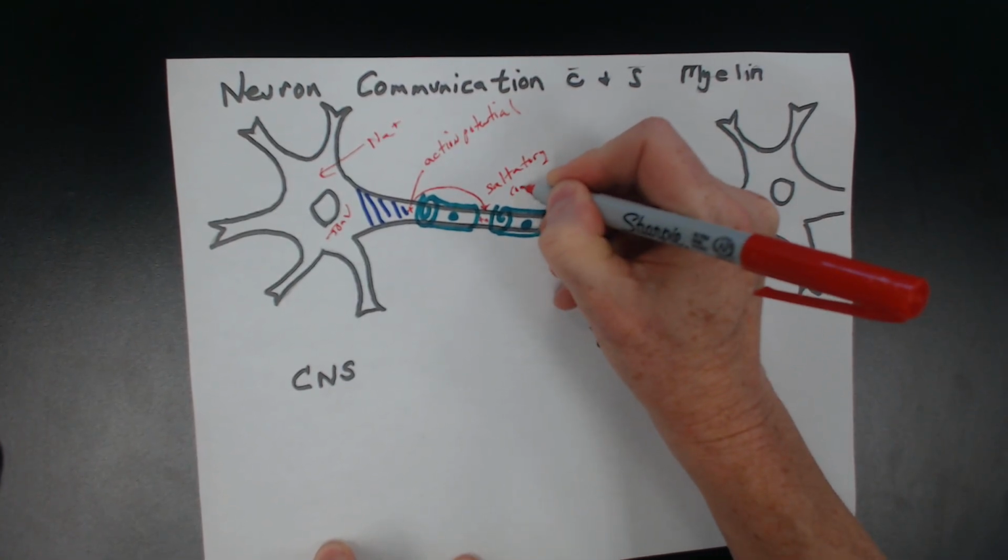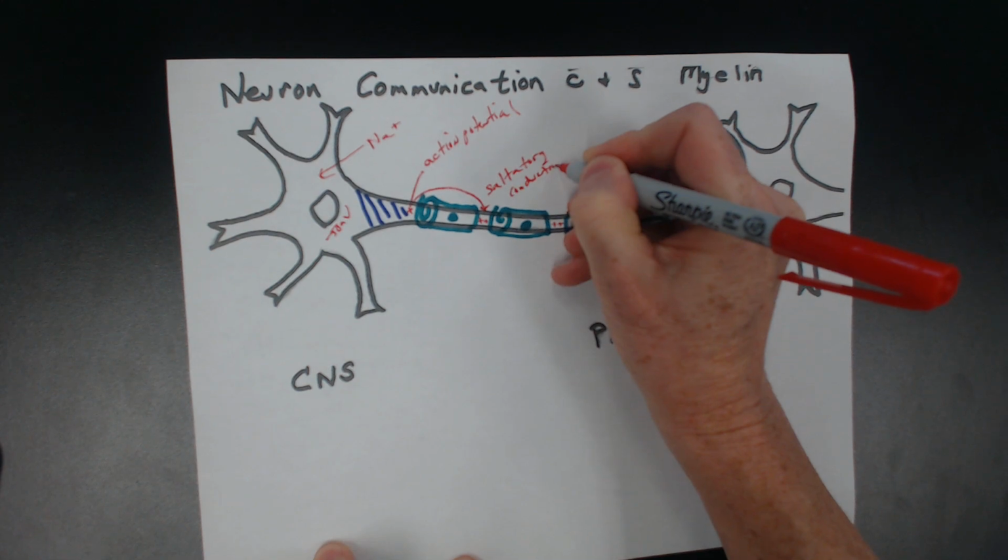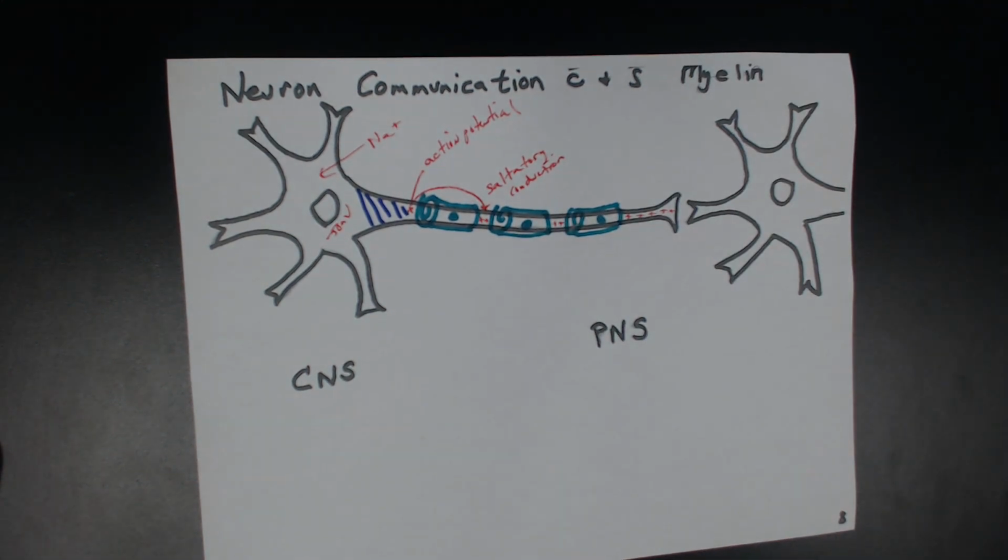S-A-L-T-A-T-O-R-Y conduction. Saltatory conduction means nothing more than the action potential jumping over the myelin sheath and appearing in areas where that myelin sheath isn't present.